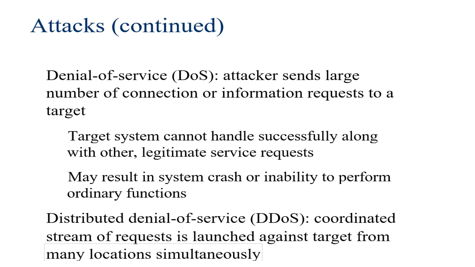We also have what we call a distributed denial of service, known as the DDoS. Basically, this is a coordinated stream of requests launched against a target from many locations simultaneously.